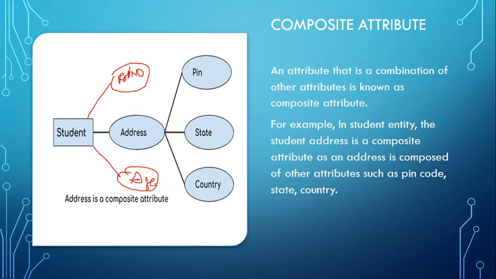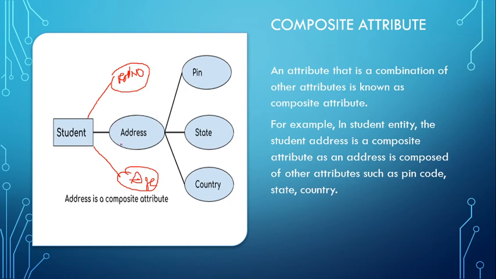But age is not further divided into different attributes. Roll number is also not further divided, but address can be further divided. In address we have pin code, state, country, district, street, house number; all these things come under address only.